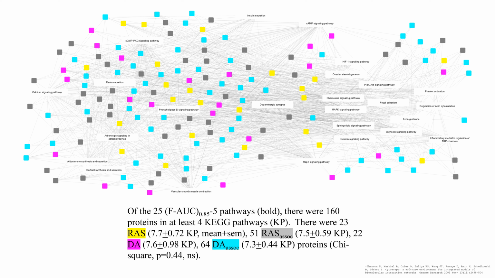This framework ties the RAS and DA systems using targeted SwissProt curated database search output membership in KEGG networks by implementing CBDB, resulting in an enriched dataset with balanced representation from RAS, RAS-associated, DA, and DA-associated proteins for further analysis.